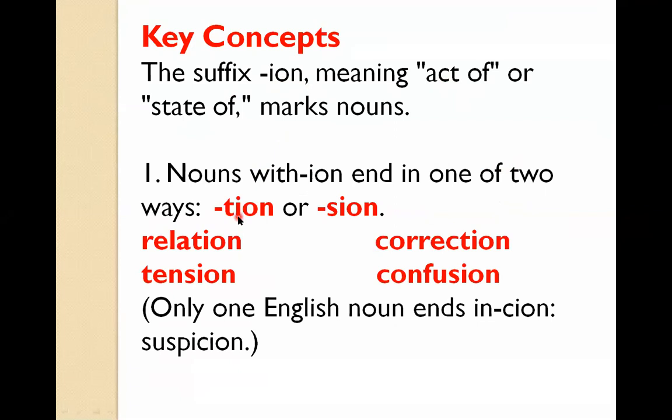This ION can be preceded by T, and it is pronounced as shan, or by S, SION, and in most cases it is pronounced as jan, as in relation, correction, tension, and confusion. Only one word, suspicion, is written as C-I-O-N. Okay?